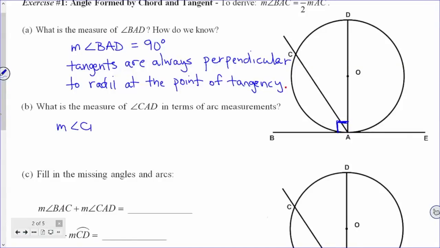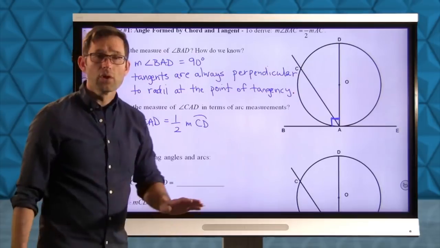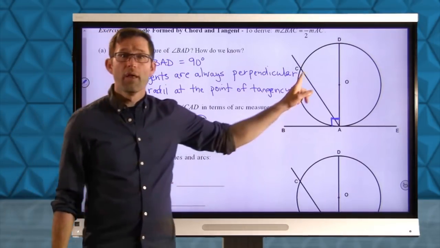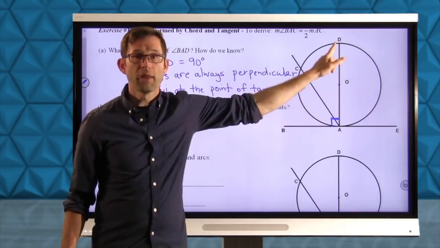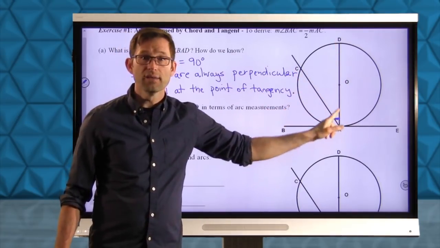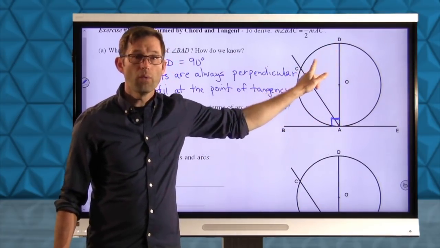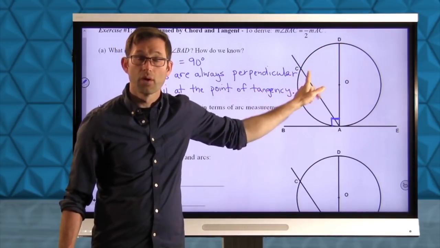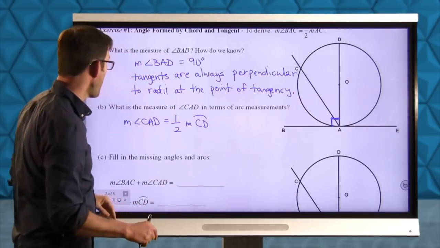The measure of angle CAD is going to be 1/2 the measure of arc CD, right? So we learned and proved a few lessons ago that the measure of any inscribed angle, and look, CAD is an inscribed angle, will always be 1/2 the measure of its intercepted arc. Okay, so we're working with that as well.